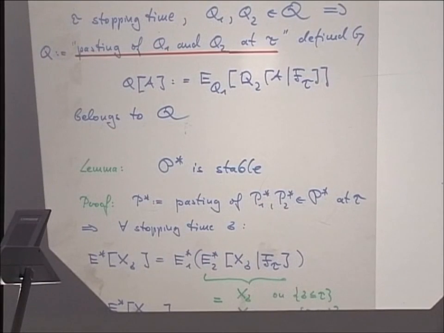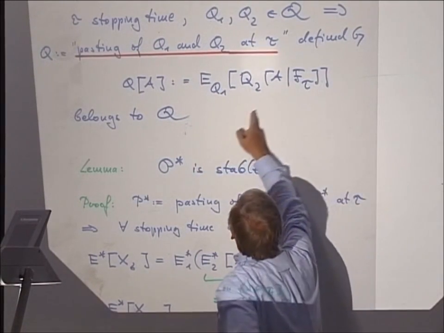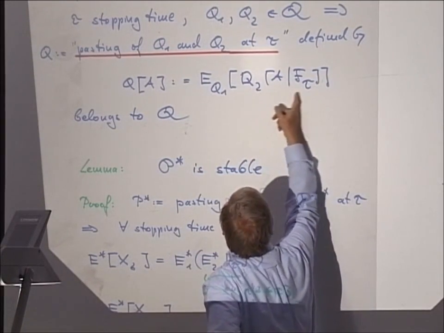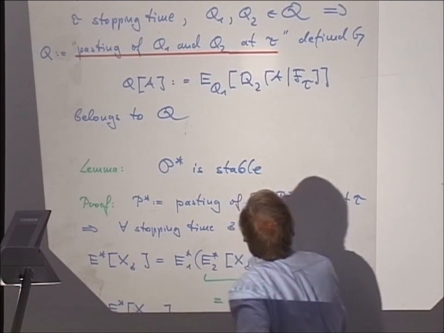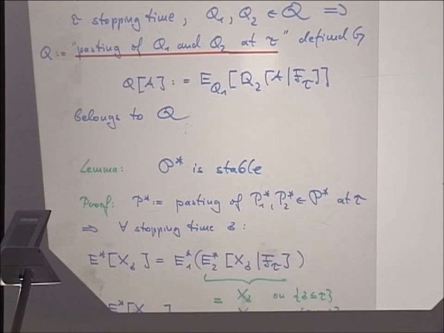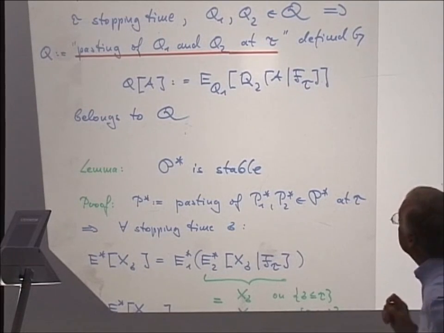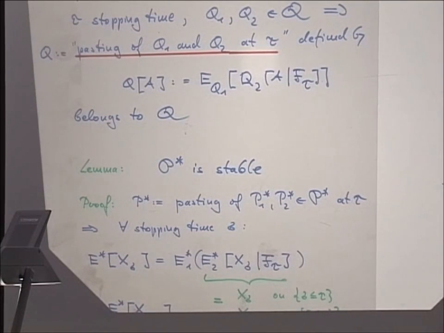Now what does that mean? For any A, you first take the conditional probability in that second model of A given the information up to time tau, and then you take the expectation under the first model, Q1. This is the pasting of Q1 and Q2 at the stopping time tau.